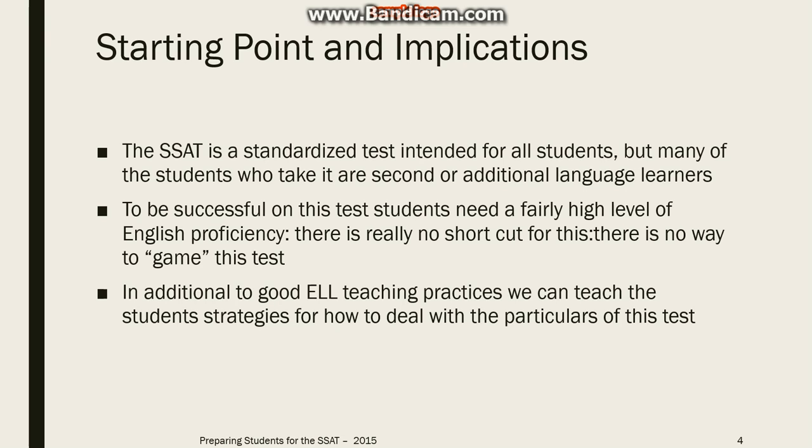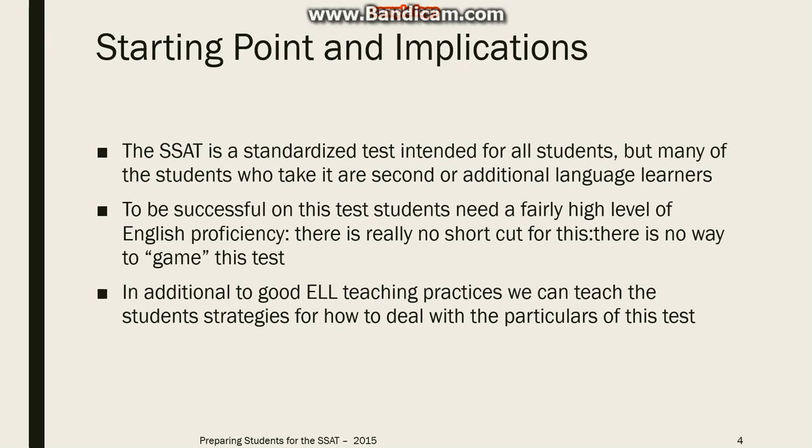So the SSAT test is a test that is administered to basically elementary age students who want to attend, or whose parents generally want them to attend, a private school or an independent school. Many of these students or test takers are second or third or fourth language learners, and there are some serious implications for how that works with the test.